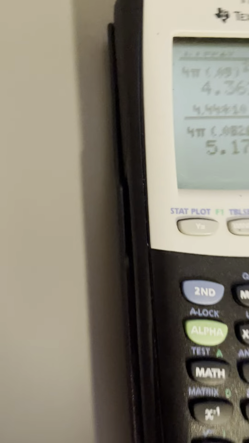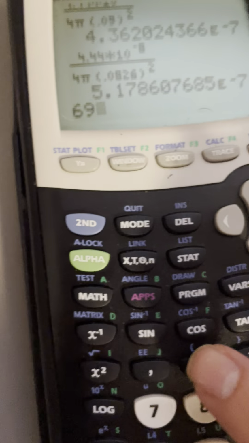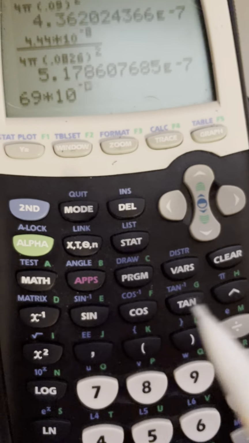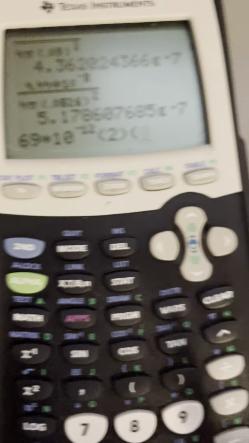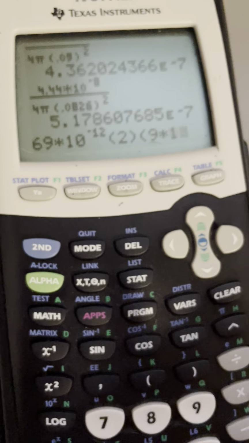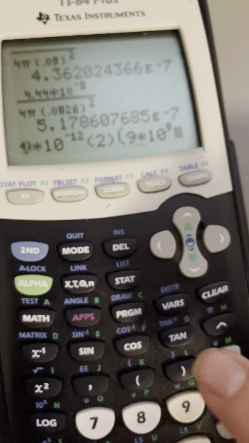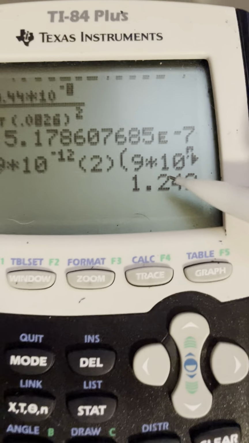So let's do that: 69 times 9 times 10 to the 9th, which gives 1.242.